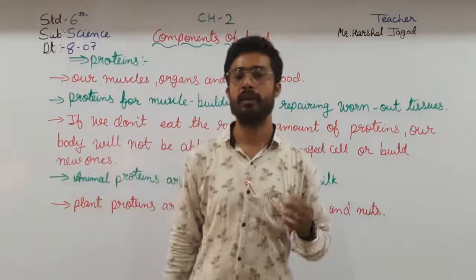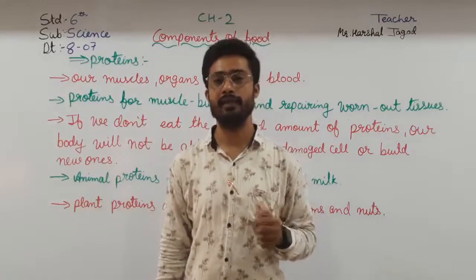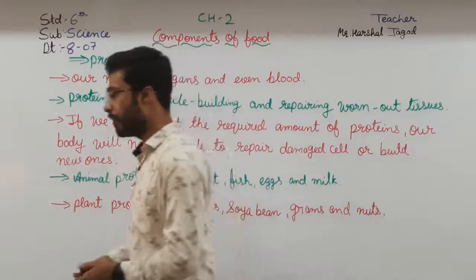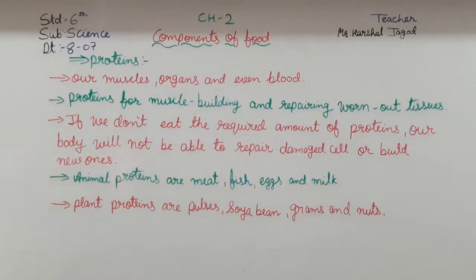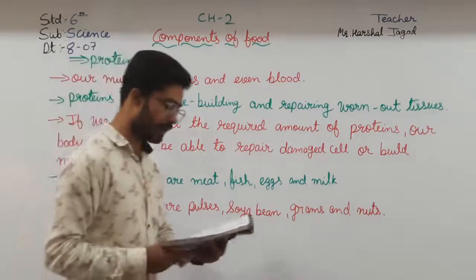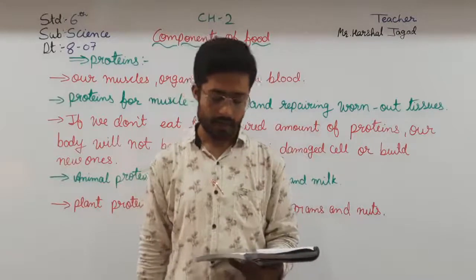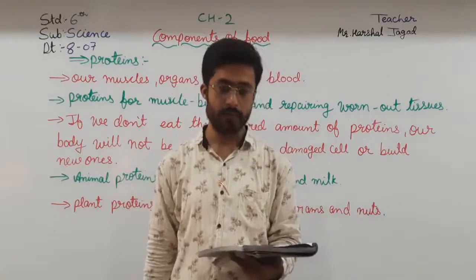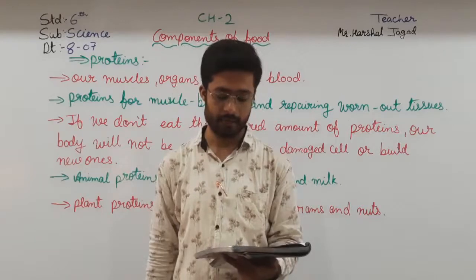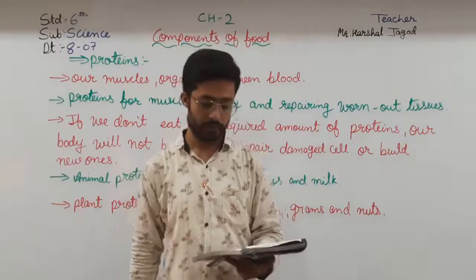Okay, moving further, you will see an activity given over here, but before that I am reading it again. Our muscles, organs and even blood are made up of protein along with other things. Our body needs protein for muscle building and repairing worn out tissues.